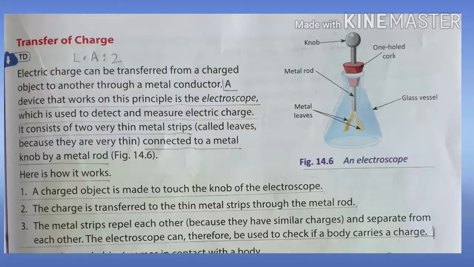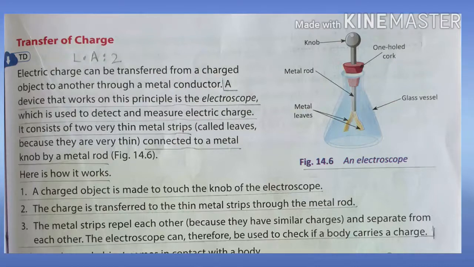Then how it works? In that, all the 3 points you have to write. The first, a charged object is made to touch the knob of the electroscope. Second, charge is transferred to the thin metal strips through the metal rod. Third, the metal strips repel each other and separate from each other.